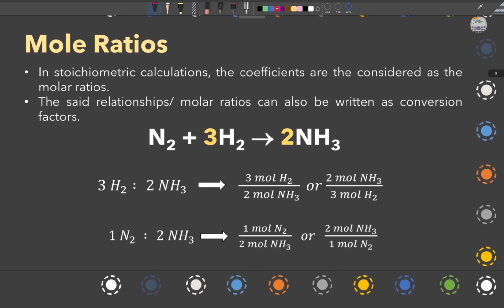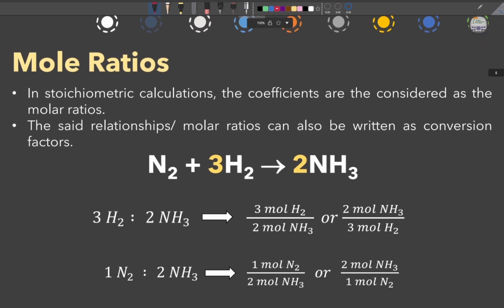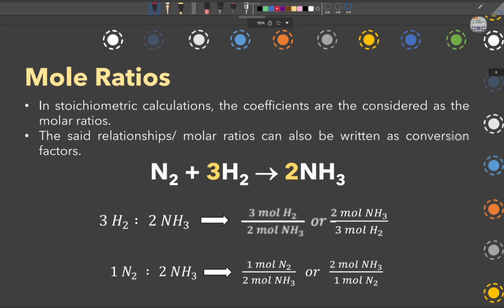So let's try. To solve the problems involving this, you have to know the mole ratio. The mole ratio is basically this: we have here 3 moles of this is to 2 of this.